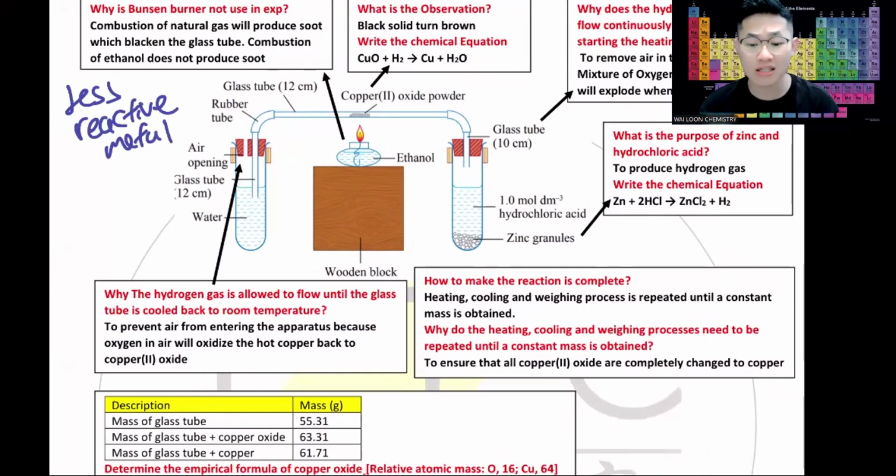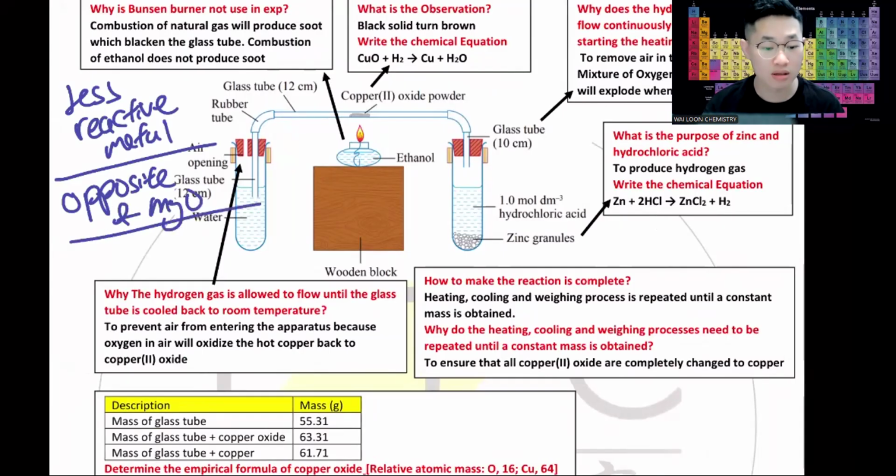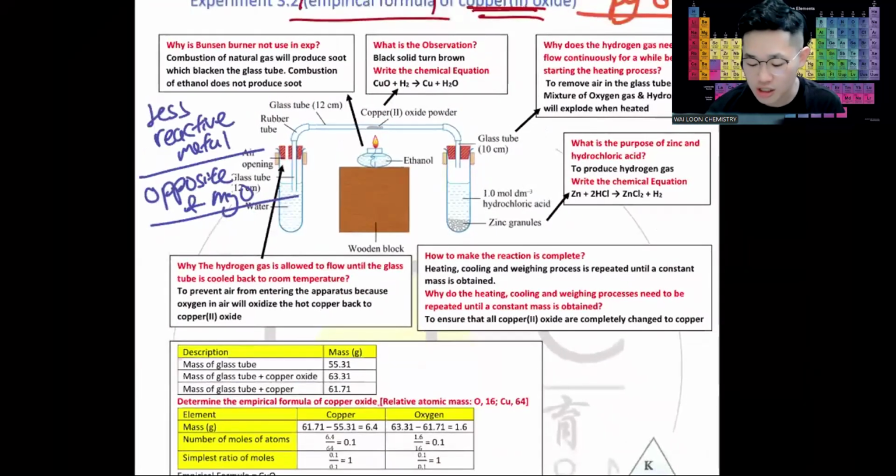We are not doing direct heating. We are not letting the metal burn in oxygen and then become oxide. We do the other way around, the opposite of the MgO experiment. We can look at the equation here. I highlight the equation.